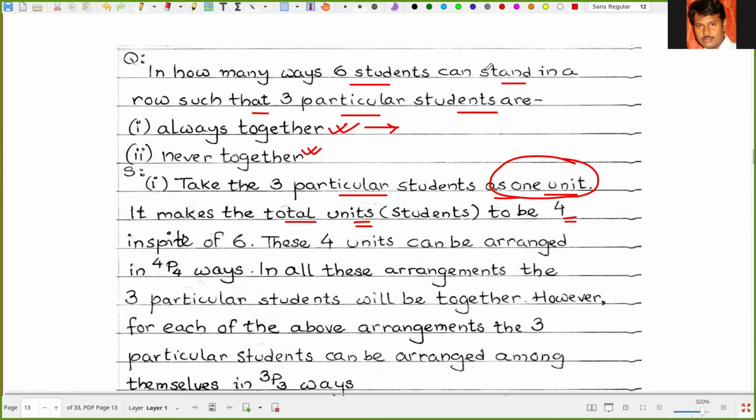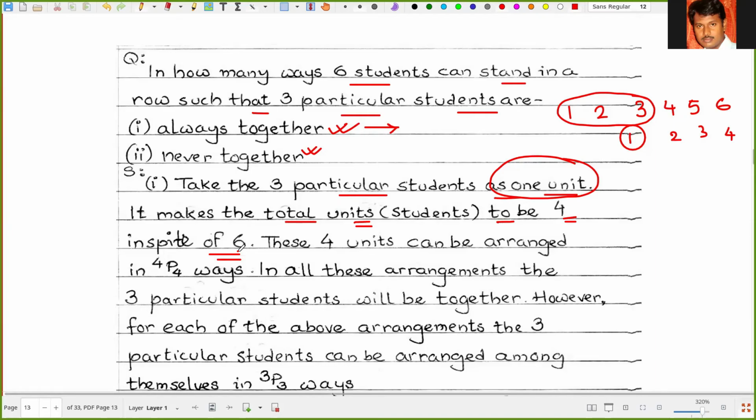Why? Suppose we have 1, 2, 3, 4, 5, 6, those are the roll numbers. So when we are taking 3 at once, we have to take it as one unit, then the second unit, then the third unit, then the fourth unit. So it makes the total units of our students to be 4 in spite of 6.